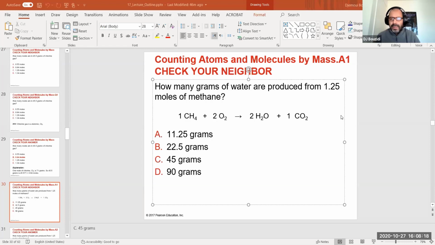Can anybody help in here to find the answer? Okay, Naomi thinks it's 54. Can you explain why 54?